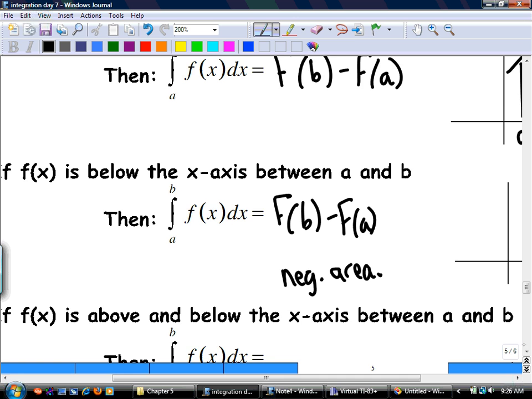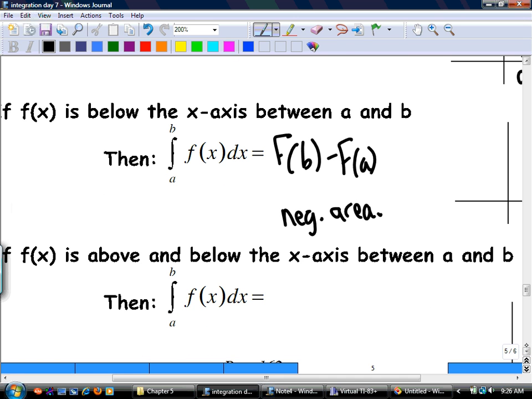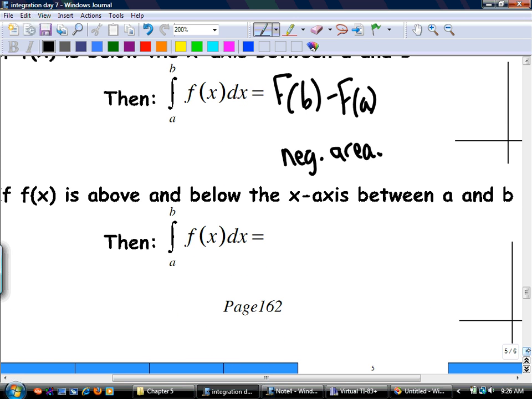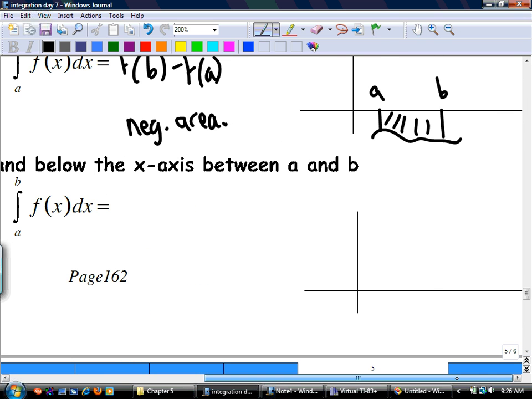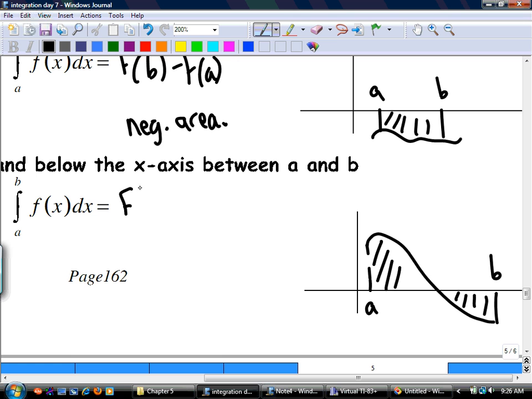If f of x is above and below, well, you can have this then. But what we really like to know is where that point c is, hey?